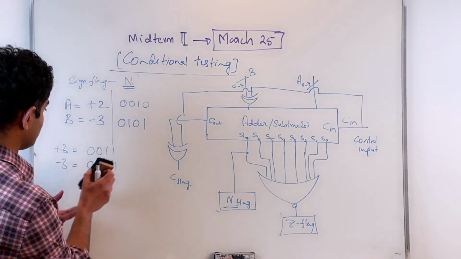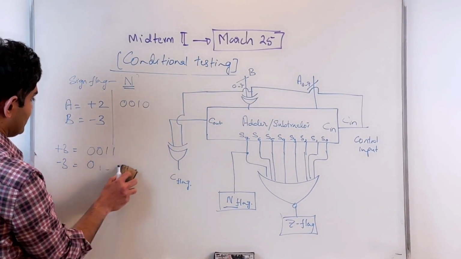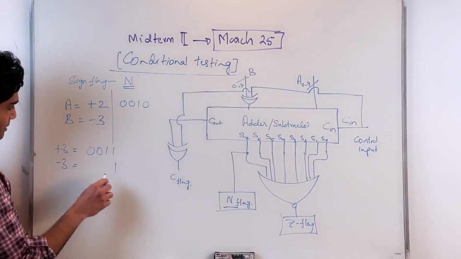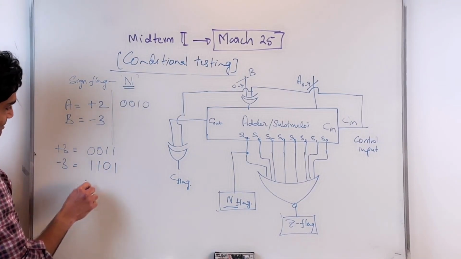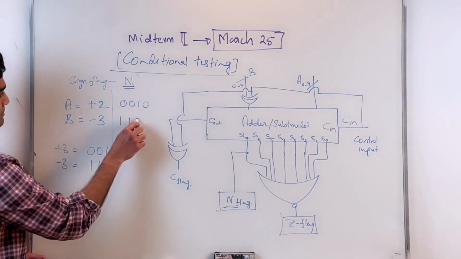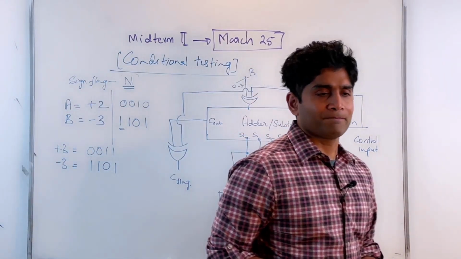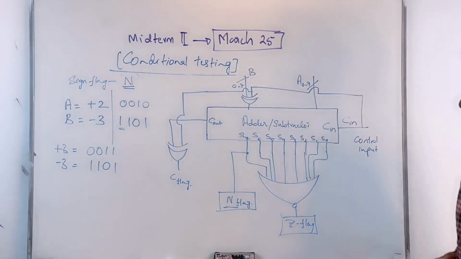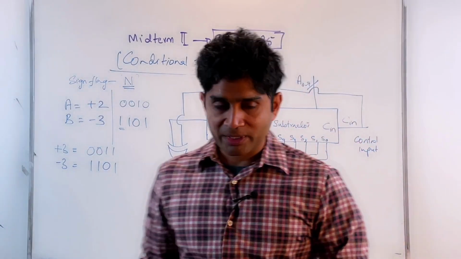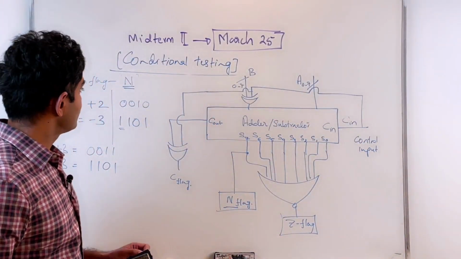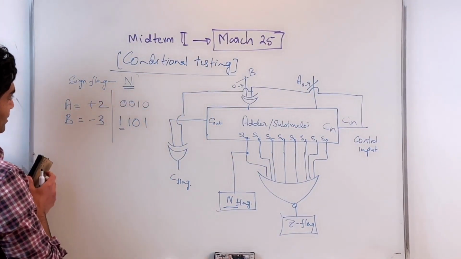What did I do? That's not right. Wouldn't it be 1, 1, 0, 1? That's right, 1, 1, 0, 1. It's negative, so I have to get an MSB of 1. So that's -3.